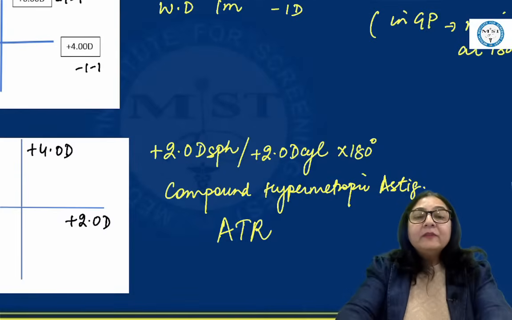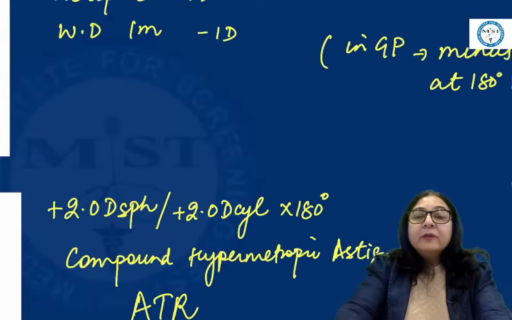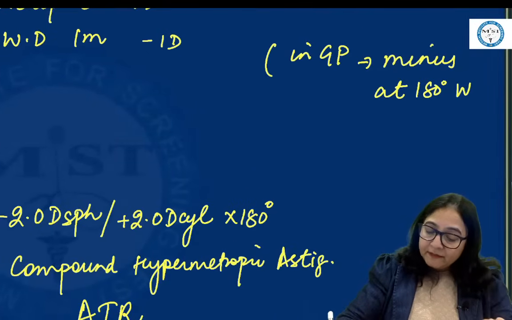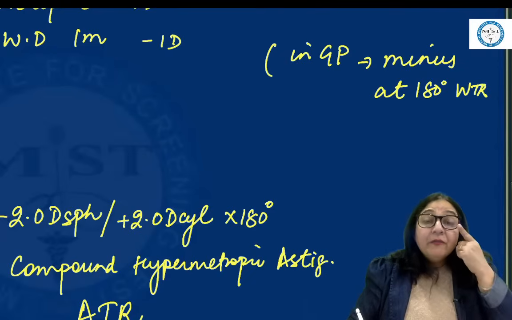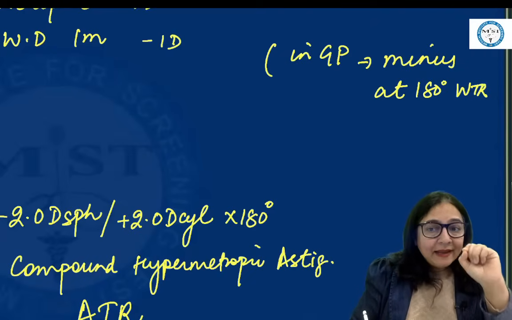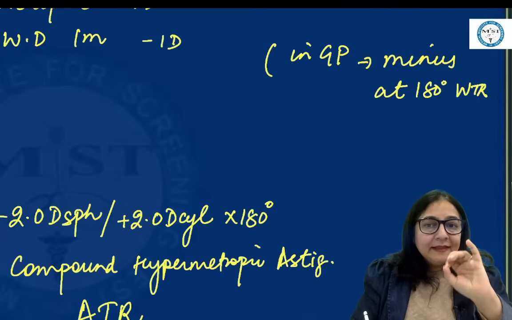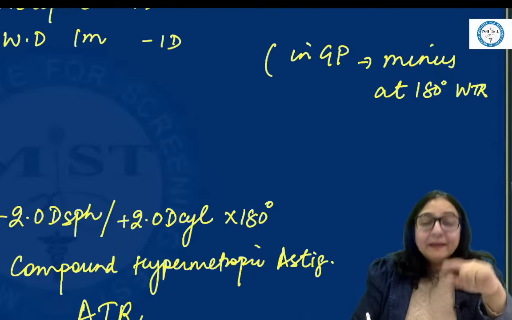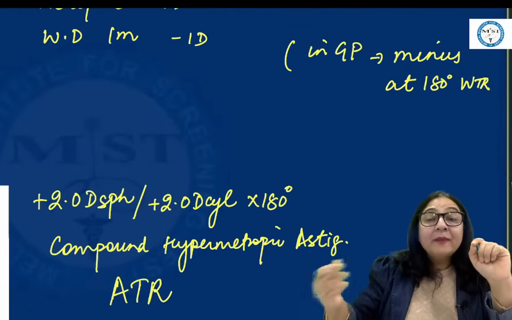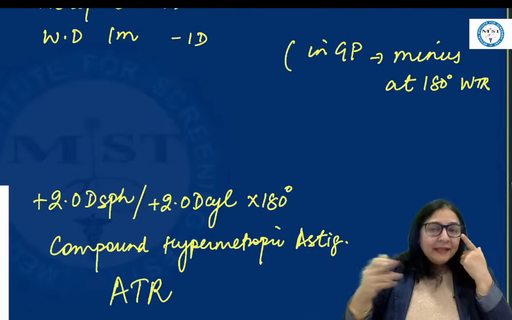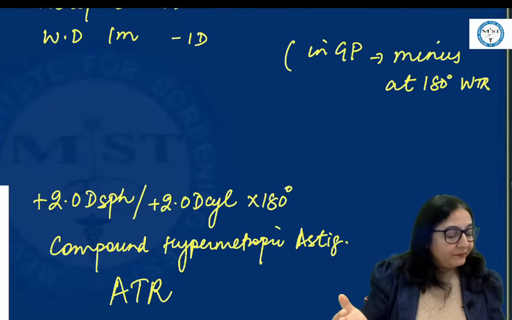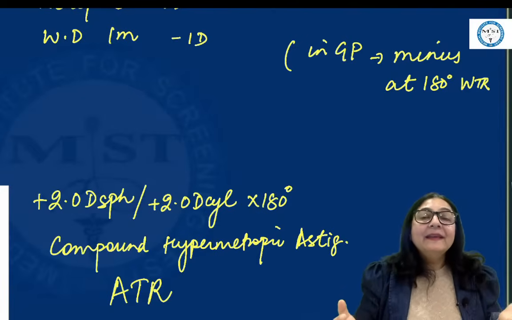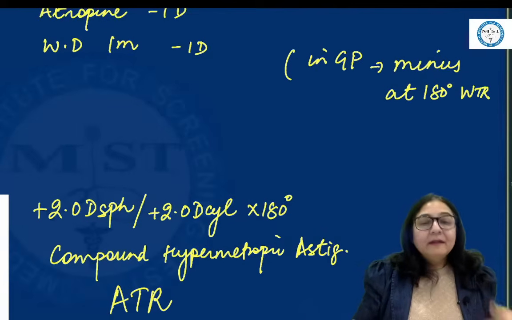So this is a quick way to remember it in your exam. If you see minus cylinder placed at 180 in the glass prescription, that is with the rule. But when in this glass prescription it is plus at 180, anything else will be against the rule.